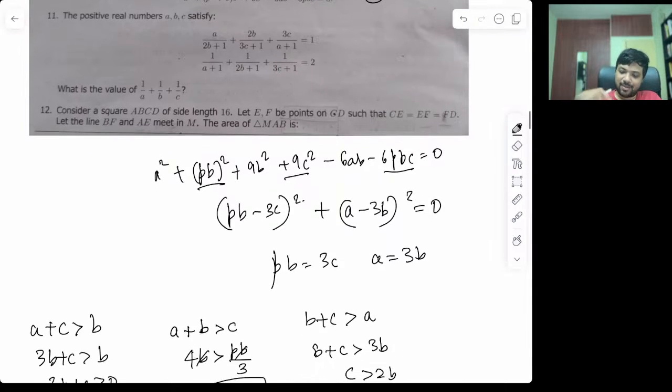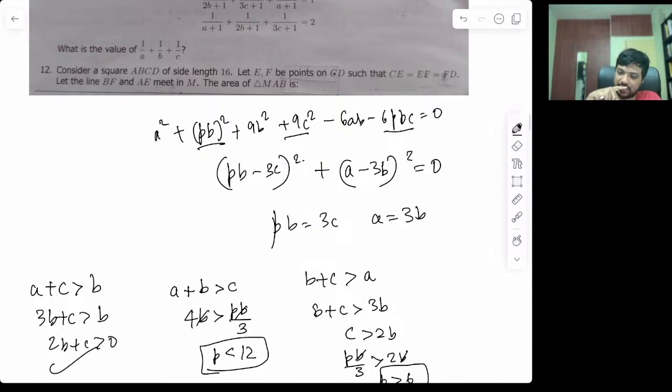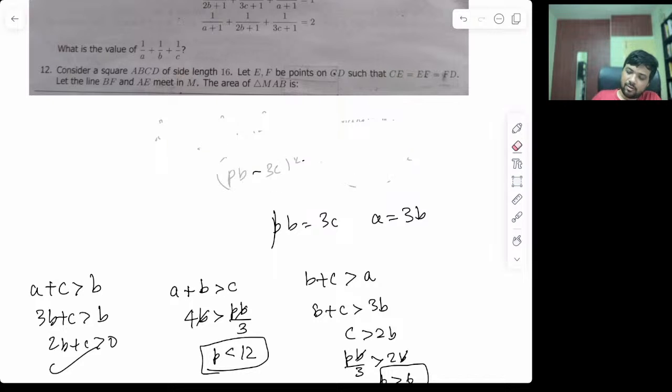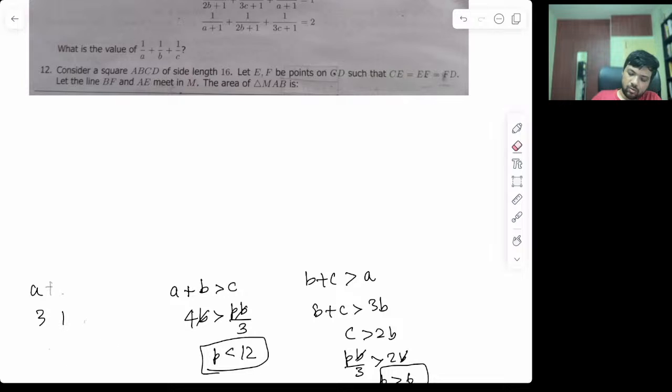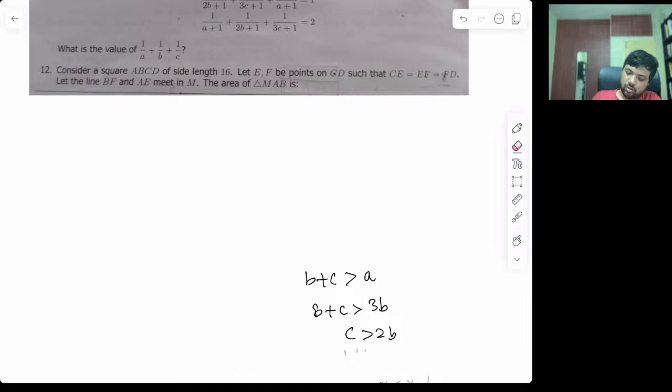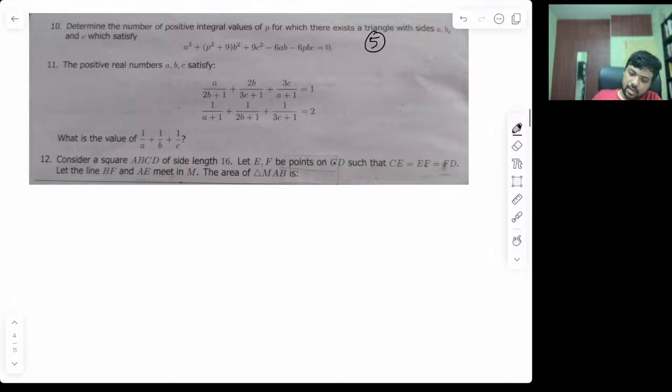Okay, consider the square ABCD of side length 16. Let E and F be points on CD such that CE equals EF equals FD. Okay, so let's solve it. Square ABCD.